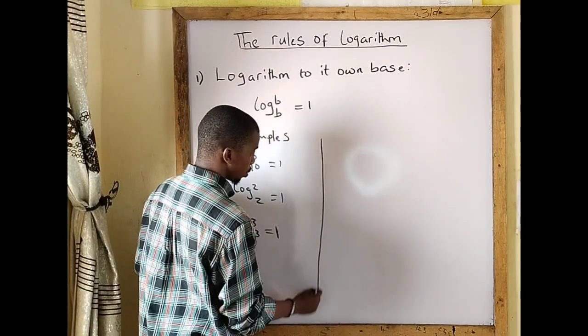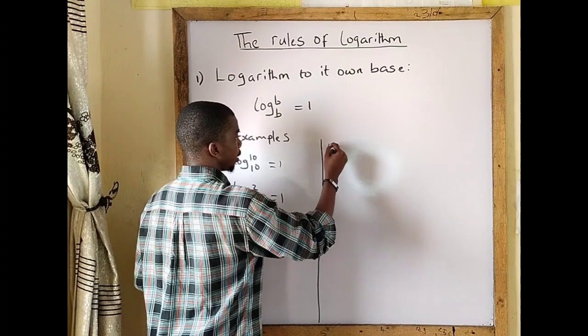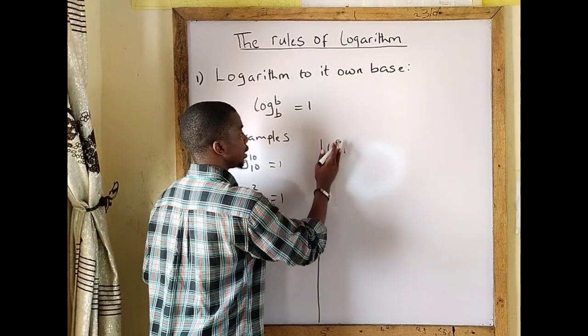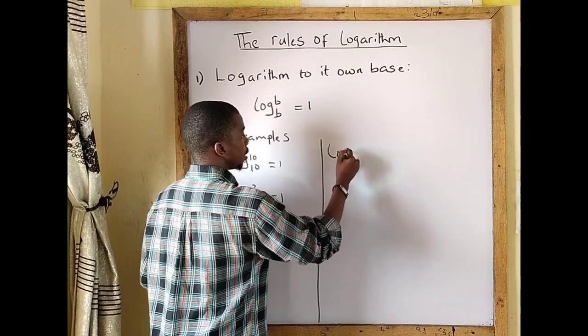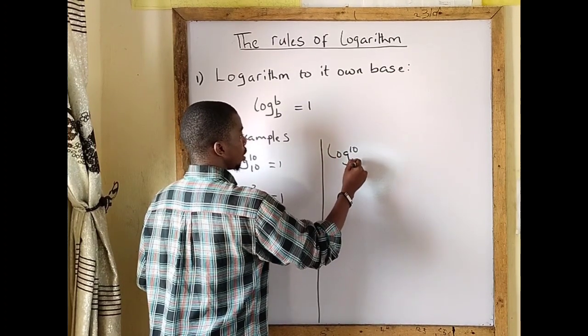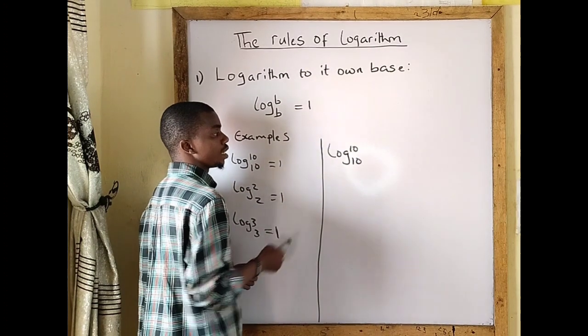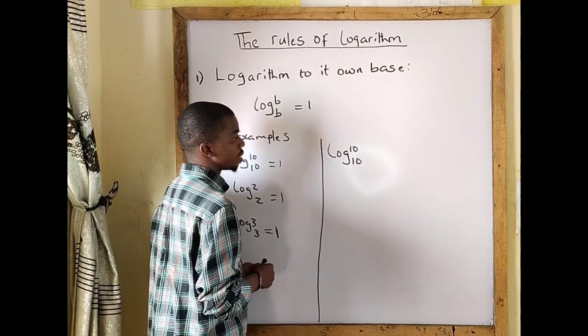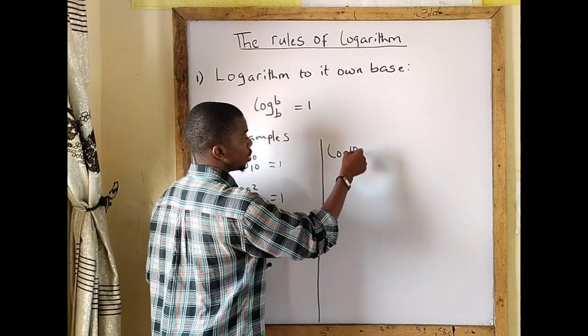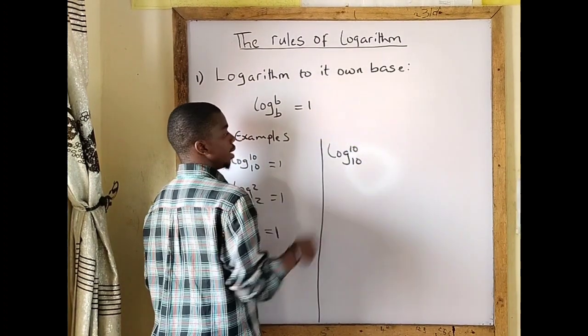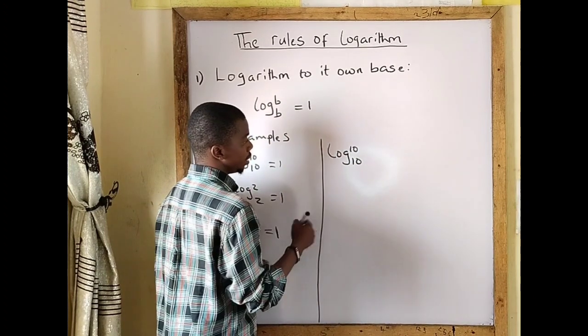Because if we have log 10 to base 10, how is it equal to 1? Remember that we said the log of a number is the power to which its base will be raised to obtain the number.